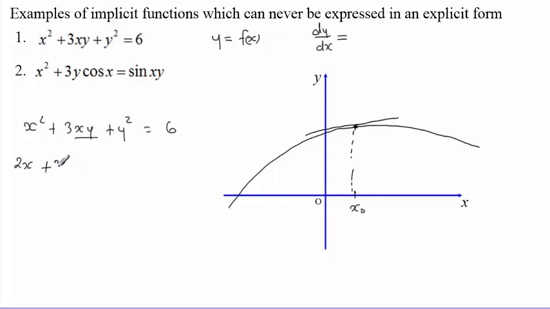So we get 3 in brackets. We differentiate x with respect to x, which will give us 1. So we've got 1 there, multiplied by y without differentiating, plus x multiplied by the derivative of y with respect to x.